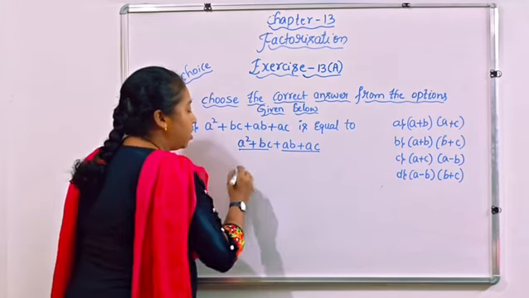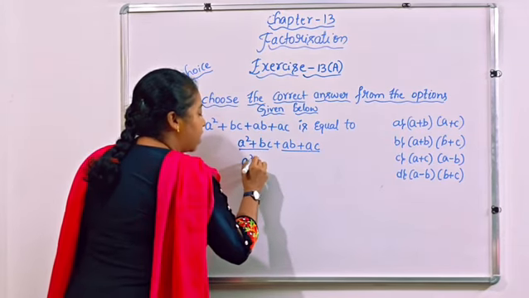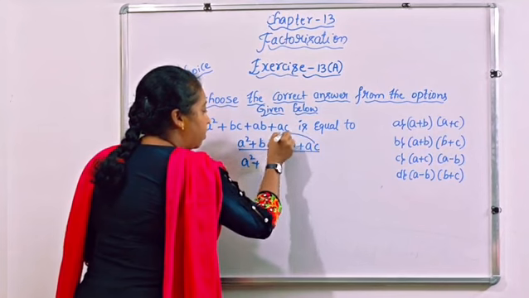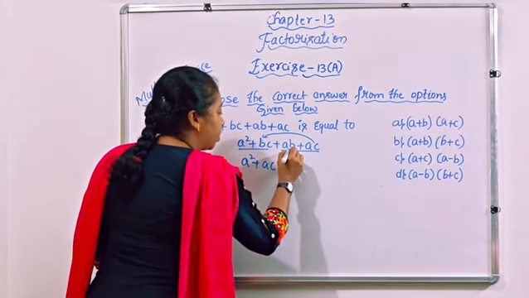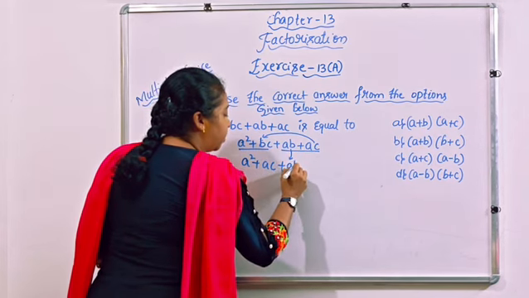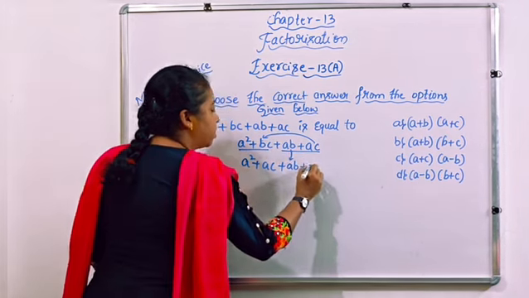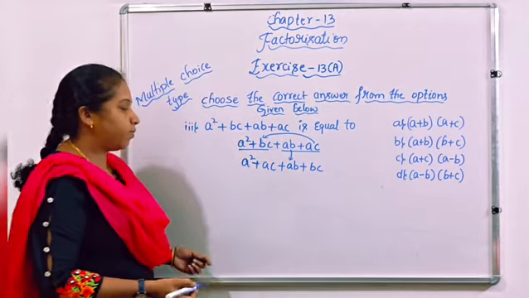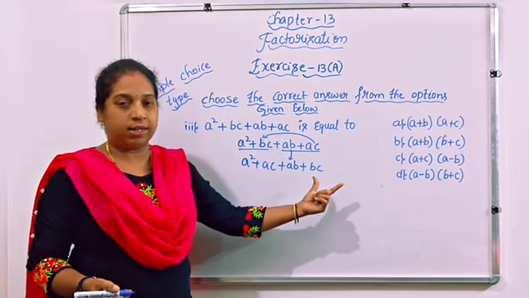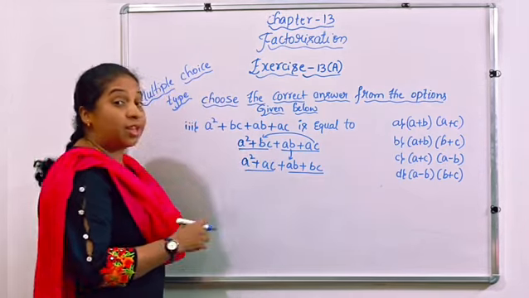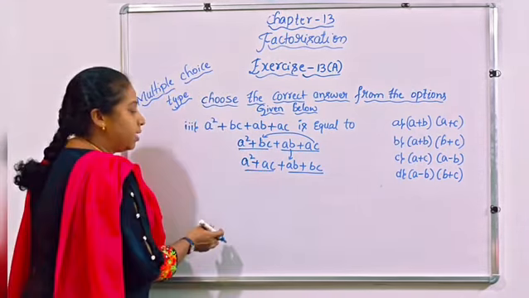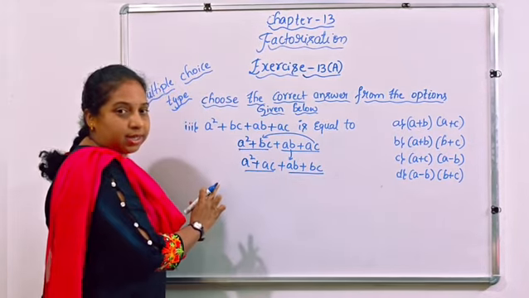If I alter the terms, it will be a square plus, I will take this as the second term, ac, plus, this will be the third term, ab plus bc. Now shall I go for pairing, for grouping? Yes, now we can take common factors.